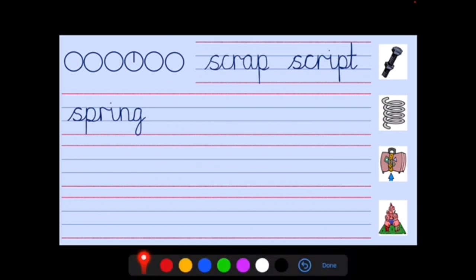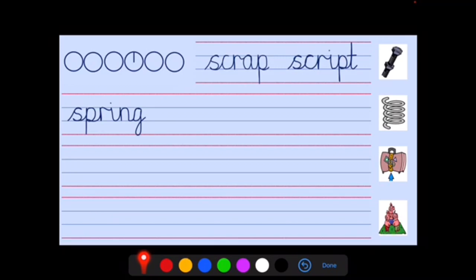And that can be debatable. Some people will say, I can hear 2 sounds in ng. And some people say, no, there's just one, and my tongue is at the top of my mouth. Spring. You write it the way that suits you.